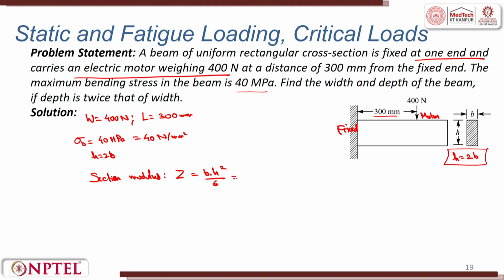So here we know the value of h is 2b, so I'll put it as b into 2b square by 6, which gives me b cube. 2 square is 4, 4 by 6 is 2 by 3. This is 2 by 3 b cube, millimeter cube.